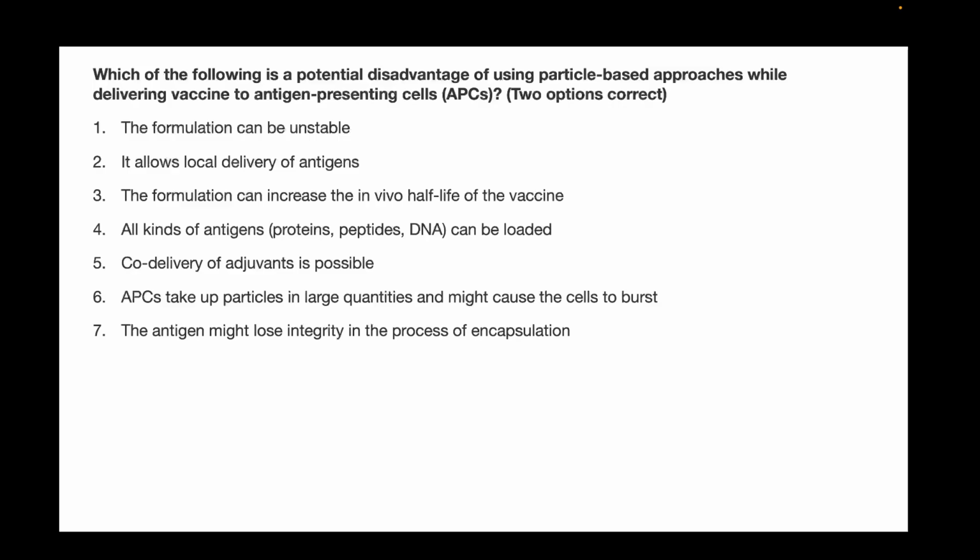Option 5, co-delivery of adjuvants is possible. Option 6, APCs can take up particles in large quantities and might cause the cells to burst. Option 7, the antigen might lose integrity in the process of encapsulation.